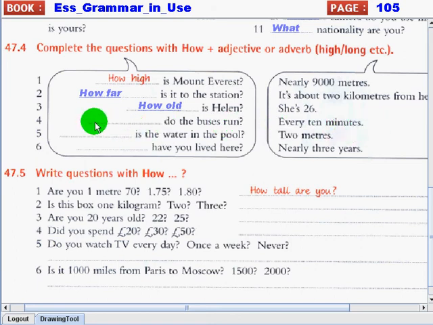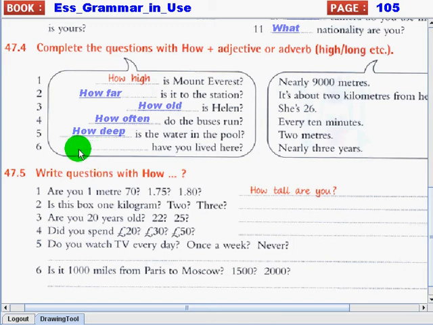So our question should start with how often. How often do the buses run? Fifth, blank is the water in the pool. We're asking about how deep is the water in the pool. And the answer should be 2 meters. So our question should be this, how deep is the water in the pool?